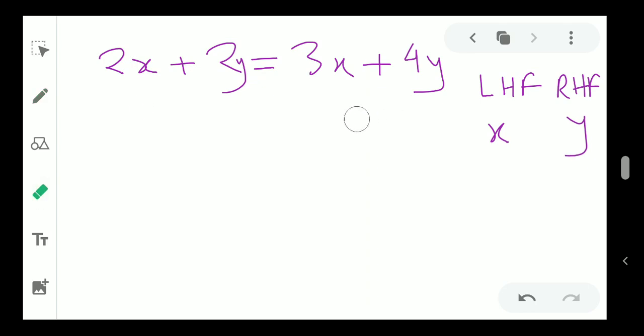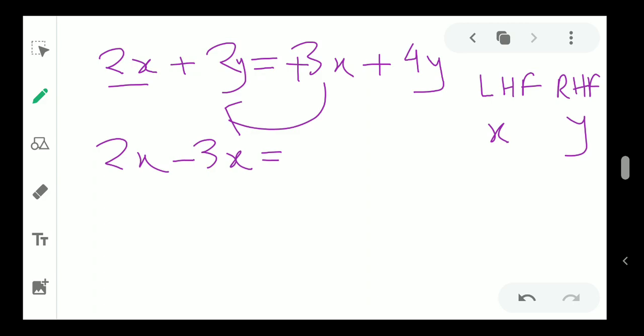So if I do this, 2x is already there, 3x I am moving to the left hand side, so this was plus 3x, it will become minus 3x equal to, this was 4y on that side already, and if I bring this 2y to the right hand side, it will become minus 2y.